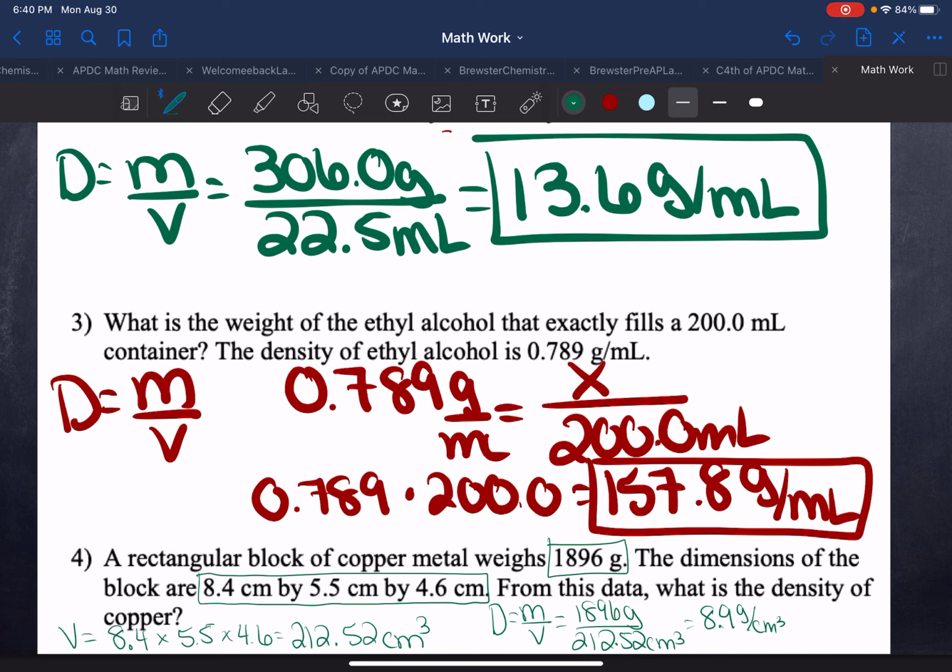And it's not right because my grams was given to me and there's no decimal here. So, just round this up. It becomes 9 grams per centimeter cubed because I can only be as precise as my least precise measurement. My least precise measurement doesn't have a decimal, so I can't record a decimal. And that's what we did today in class.